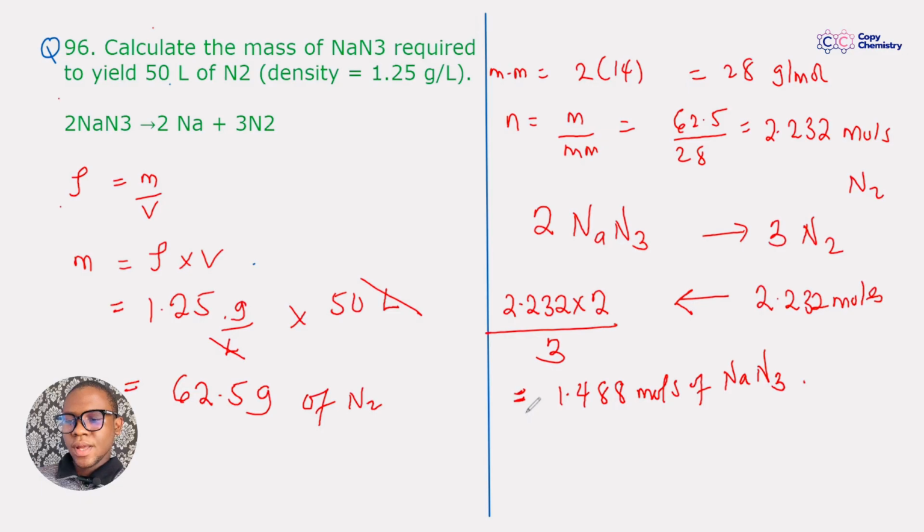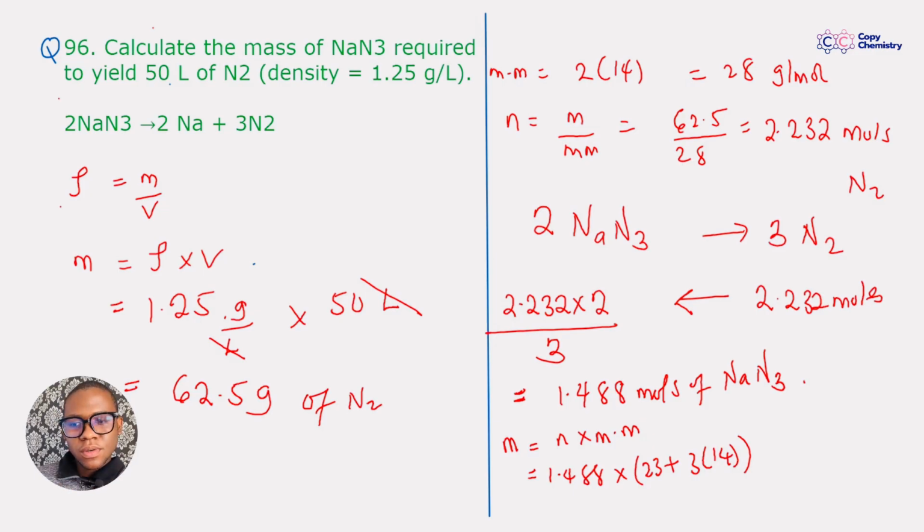Then, after this, I need to get the mass of NaN3. So the number of moles is mass over molar mass, and that means that the mass is number of moles times molar mass. So that becomes 1.488 multiplied by the molar mass of that, which is 23 plus 3 into 14.